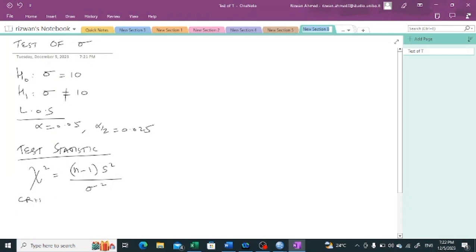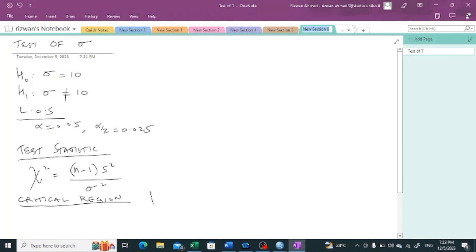Critical region, instead of decision rule or criterion, we define here in this case, because we are going to do this manually following the classical approach of hypothesis testing.